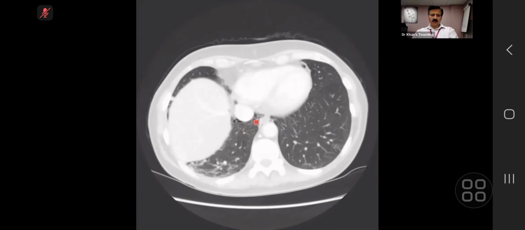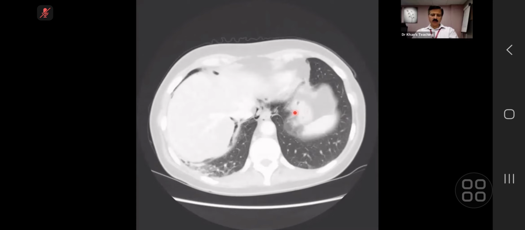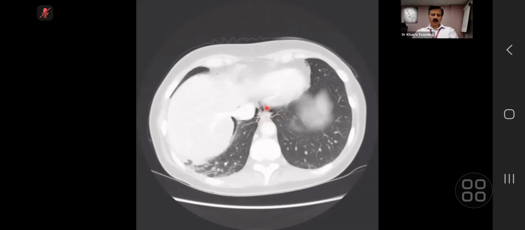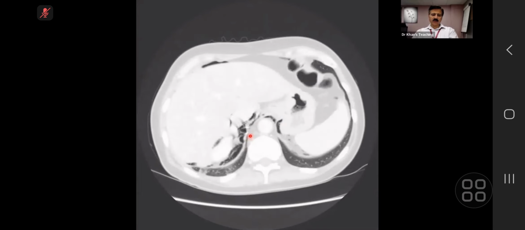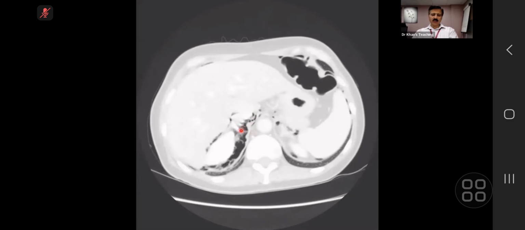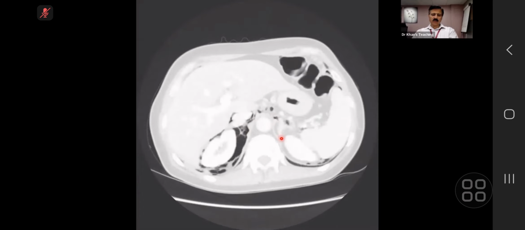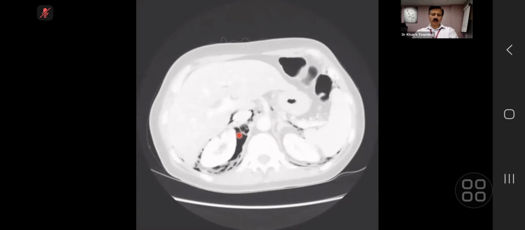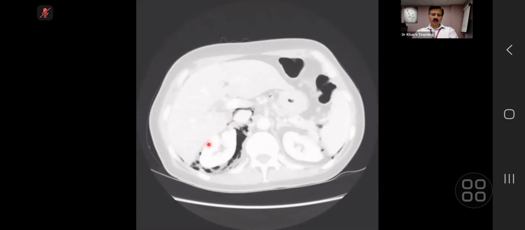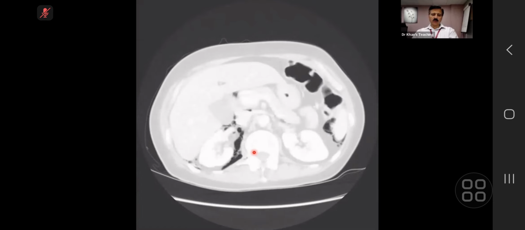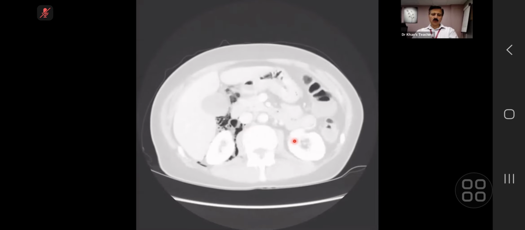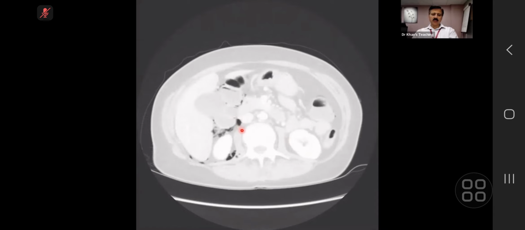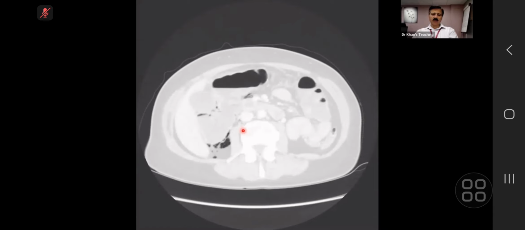Do you see how it is going just along the crus of the diaphragm? And now it is going into the retroperitoneum. It is outlining all of these retroperitoneal structures, so the kidney and the psoas, and this is what you see in the plain film.